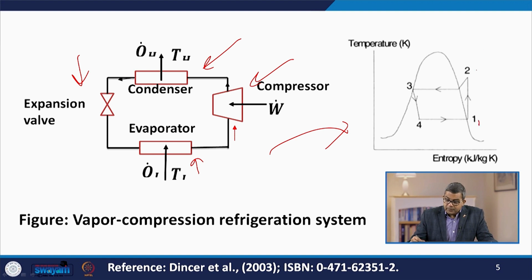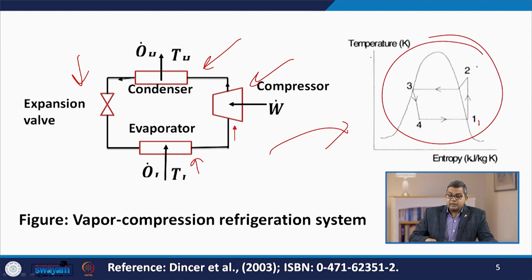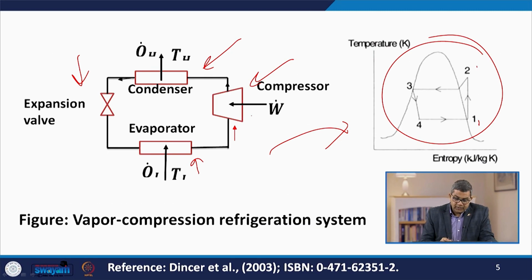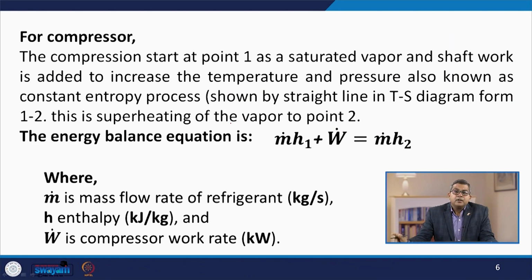If we try to draw these steps into the TS diagram, here you see the compression, isentropic, and then the isenthalpic operation; all these stages are depicted in this TS diagram. The compression starts at point number 1 as a saturated vapor, and shaft work is added to increase the temperature and pressure.